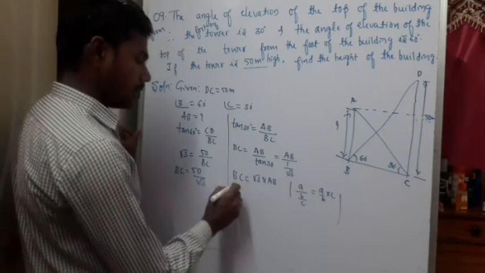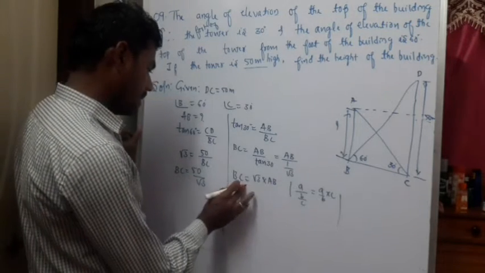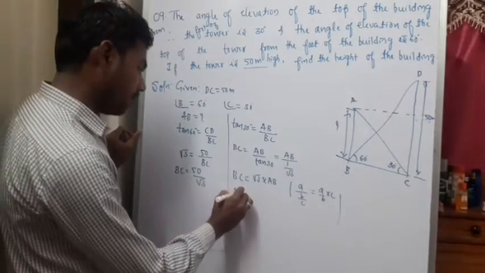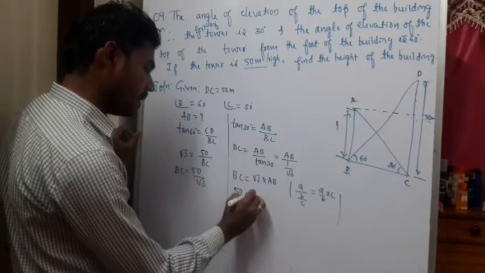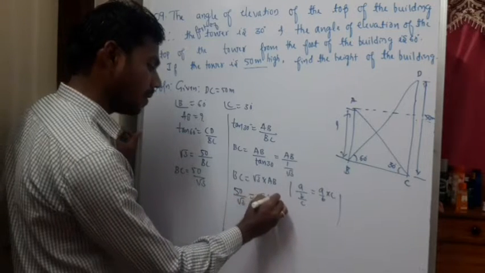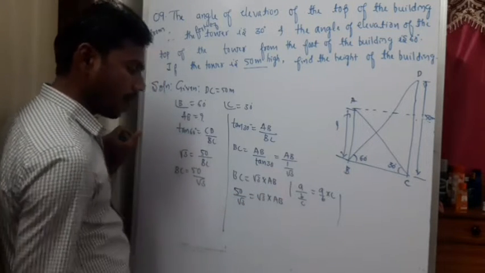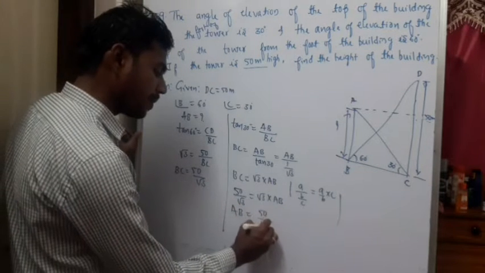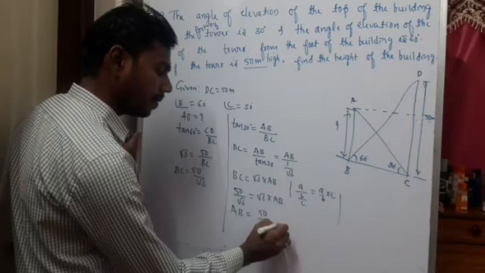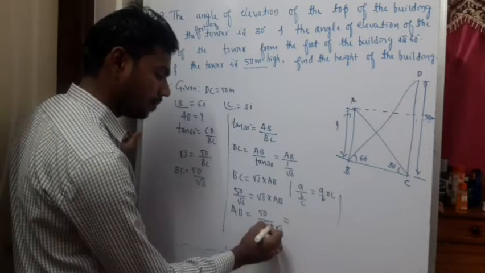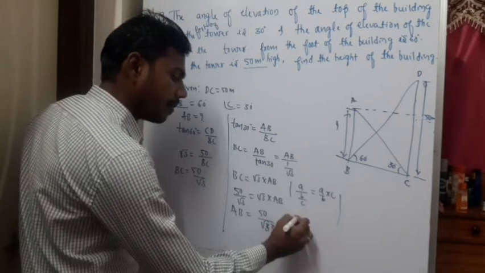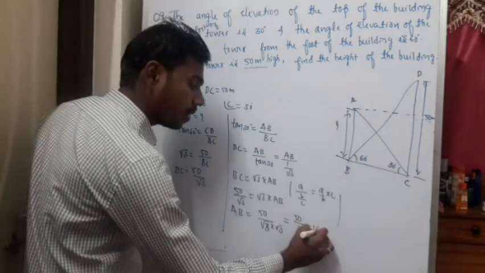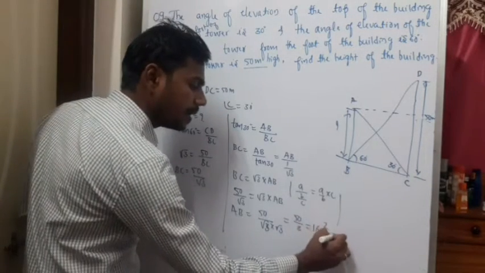So, BC is equal to BC, so we can equate them. 50 divided by root 3 is equal to root 3 into AB. Or else, AB is equal to 50 divided by root 3 into root 3, which is equal to 50 divided by 3, or else 3 16s are 48, 16 2 by 3 meter.